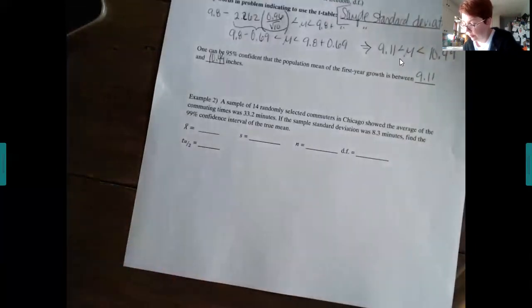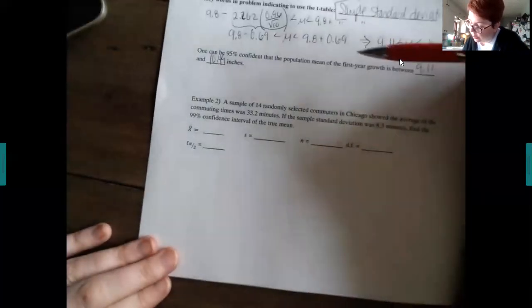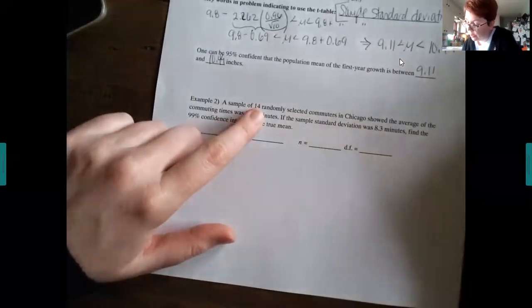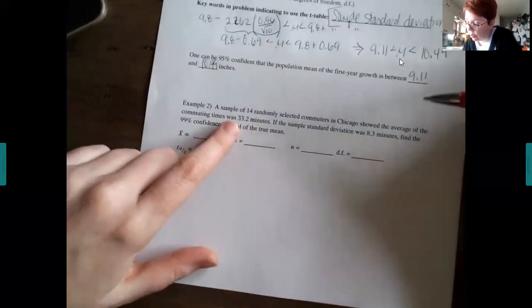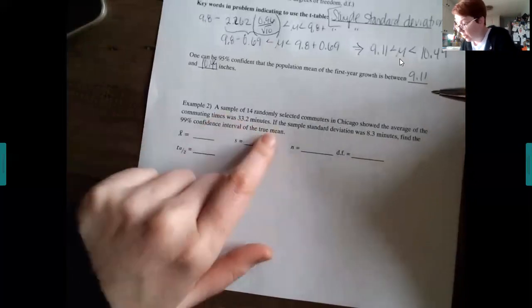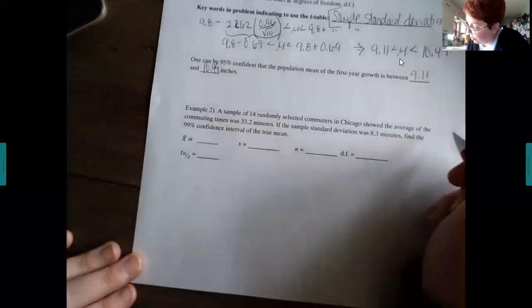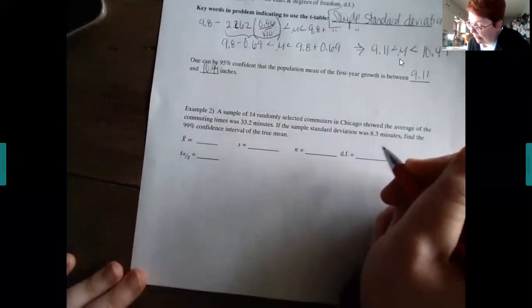Okay, let's do one more since it's so much fun, right? Here it says a sample of 14 randomly selected commuters in Chicago showed that the average of the commuting times was 33.2 minutes. I think that's very low. The sample standard deviation was 8.3. Find the 99% confidence interval of the true mean. All right, because that's all we need to know.